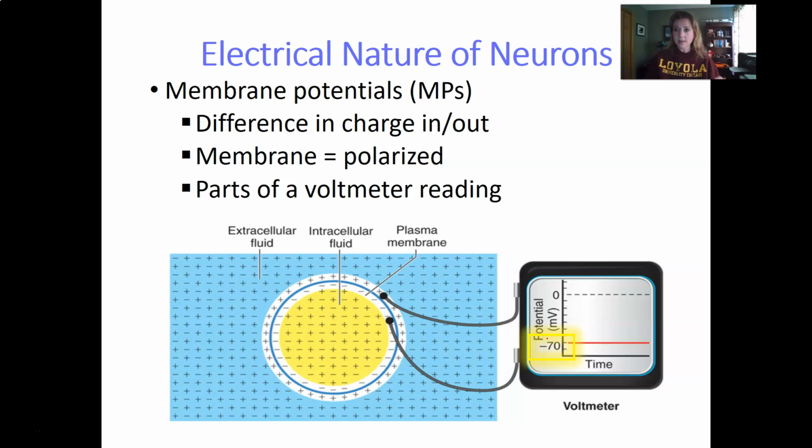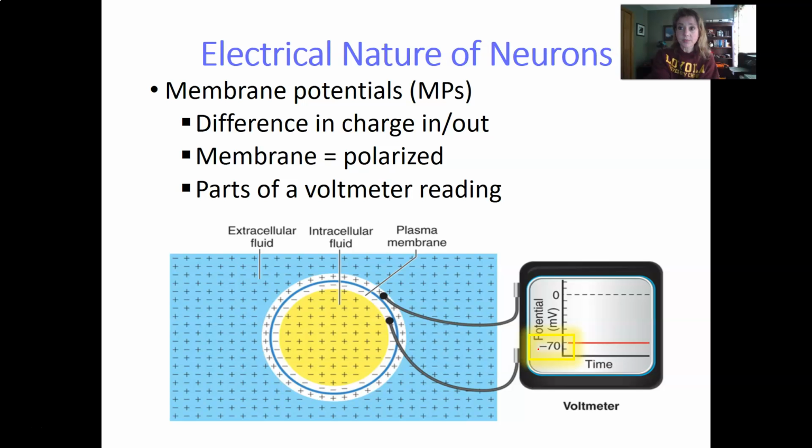The negative sign means that the charge of the intracellular fluid, the charge inside the cell, is negative, and the 70 is the difference in charge between the outside and the inside. So whenever you look at the charge of a membrane potential for neurons, that sign is going to tell you what's going on inside of the cell.